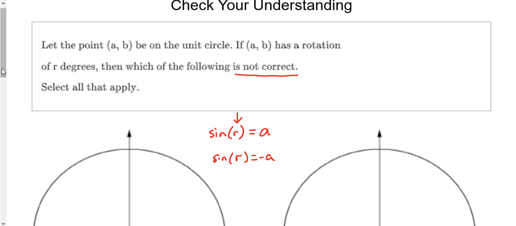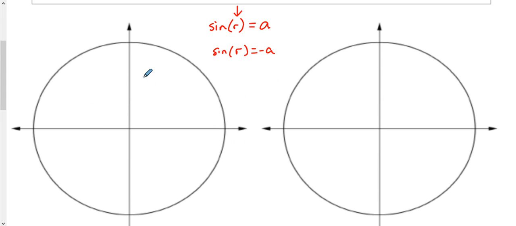As far as I can tell, you don't have to worry about coming way over here, it's mainly these two quadrants. If you're rotating in a positive direction, that means this way. If you're rotating in a negative direction, like sine of negative r, that means you're rotating in a clockwise direction. So keep that in mind, and remember what sine is.